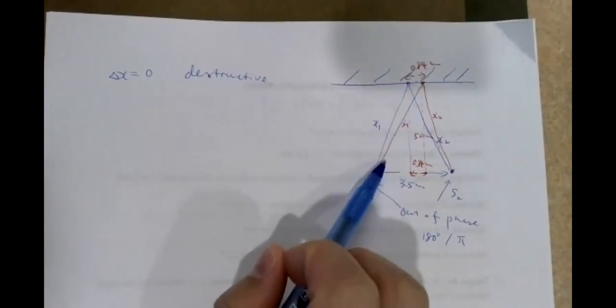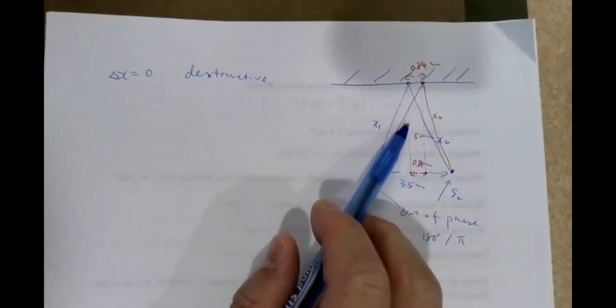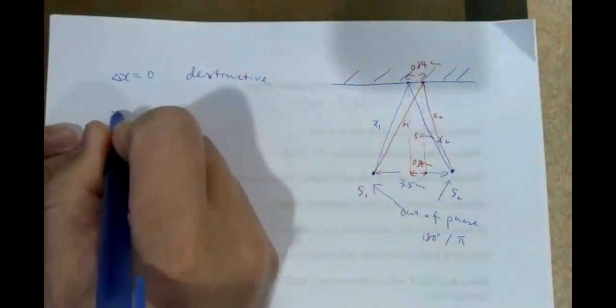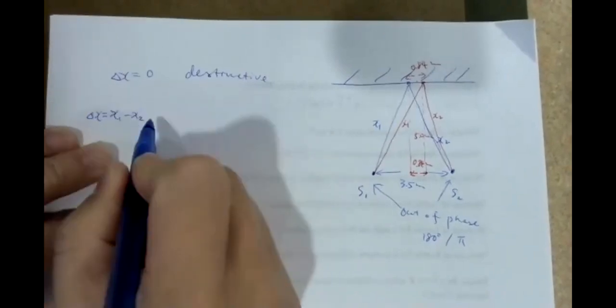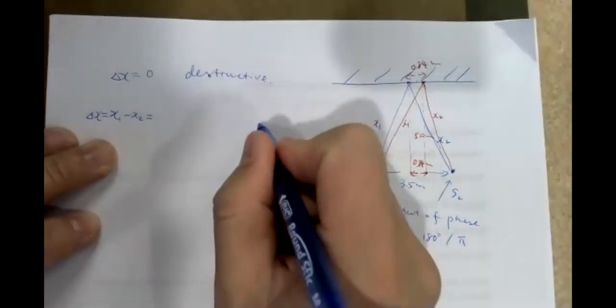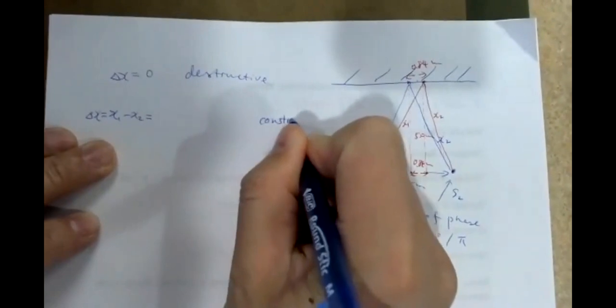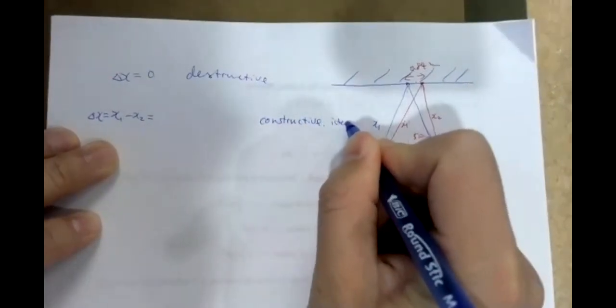That's exactly what the condition should be. Now you move by that much, so your x1 and x2 change. They both change, so if you do x1 minus x2, the new delta x is no longer going to be 0. It's going to be related to the wavelength, because this time you hear constructive interference.